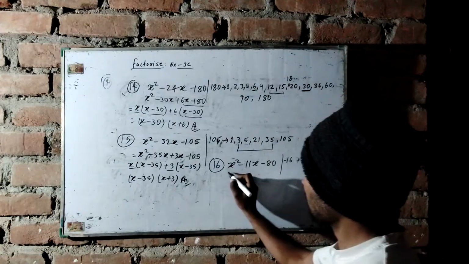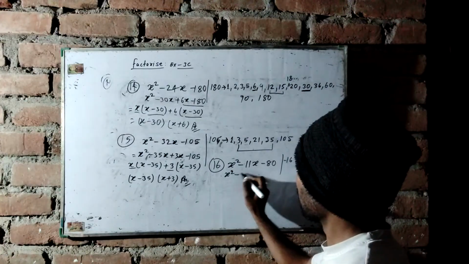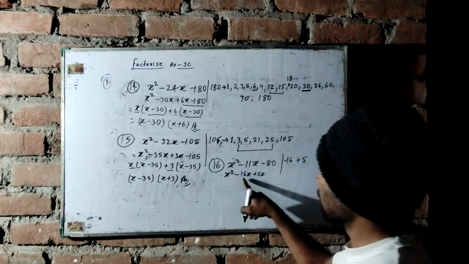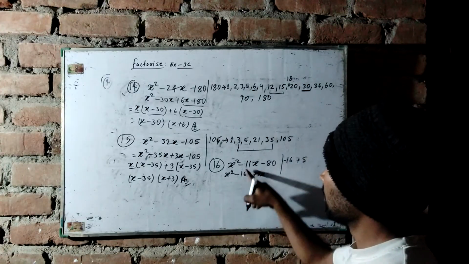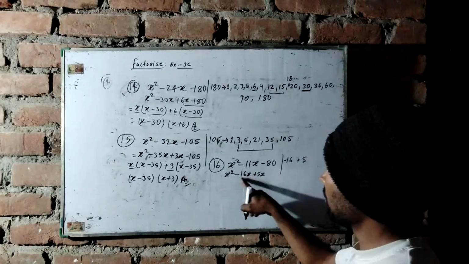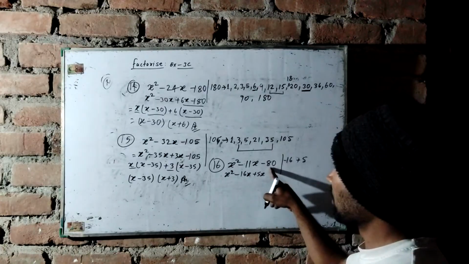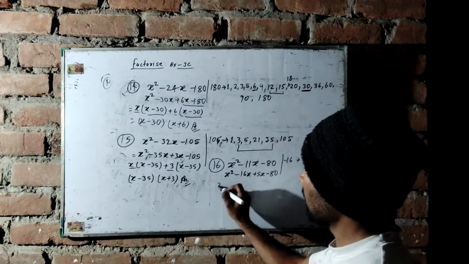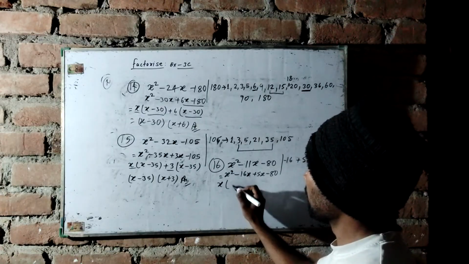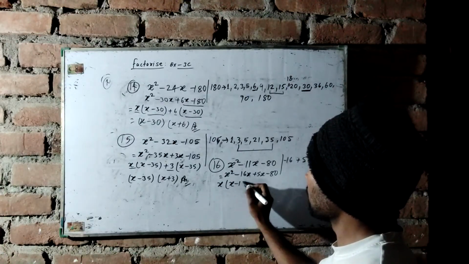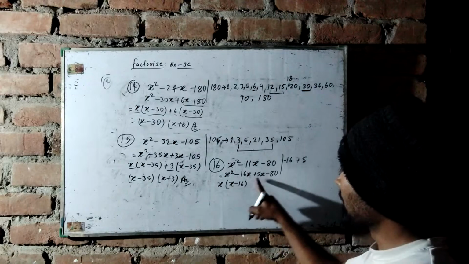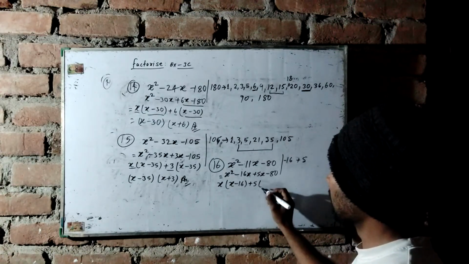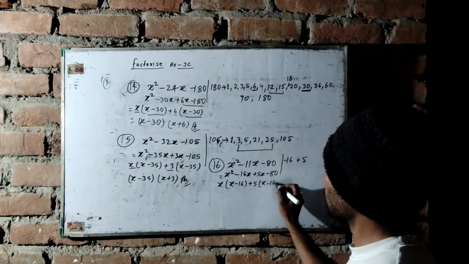So we can write x squared minus 16x plus 5x, because their sum will be minus 11x and their product will be minus 80. Okay, so now we take x as a common factor, and we can write x minus 16 as a multiple, and we take plus 5 as a common factor, and we can write x minus 16 as a multiple.